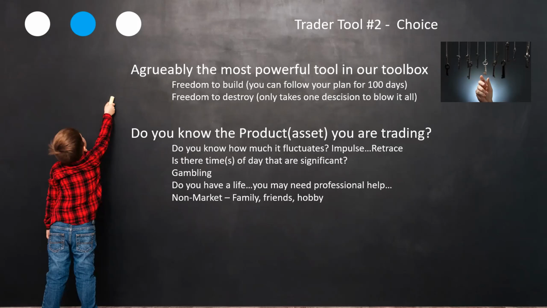And again, disclaimer here, I am not a psychologist or whatever, but maybe if that's the case, you may want to seek some professional help. And if you're not spending time with family and friends and having hobbies, non-market things, I don't know if that's a wise choice either.